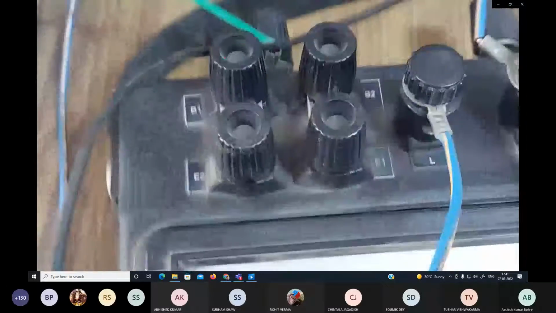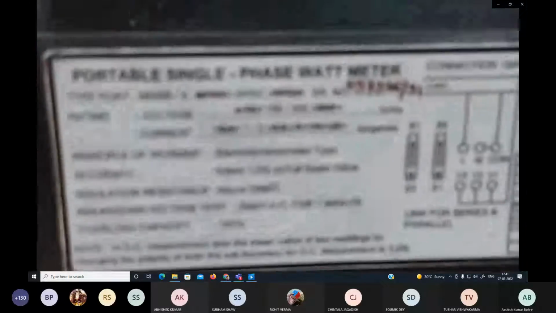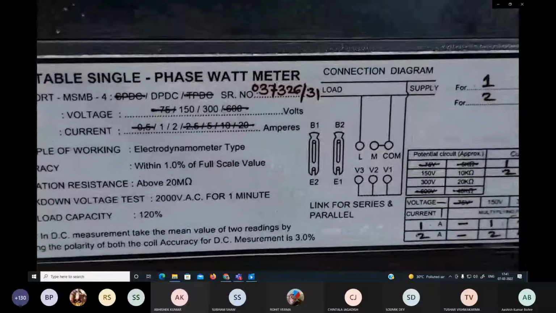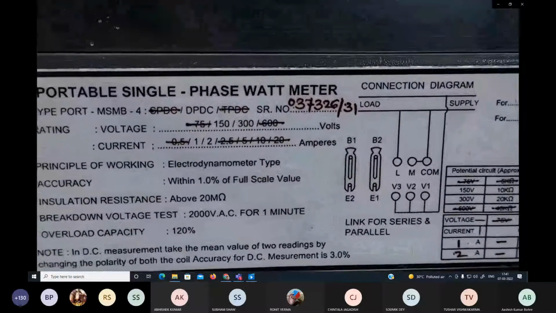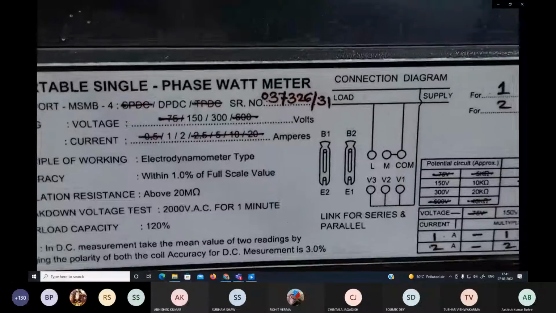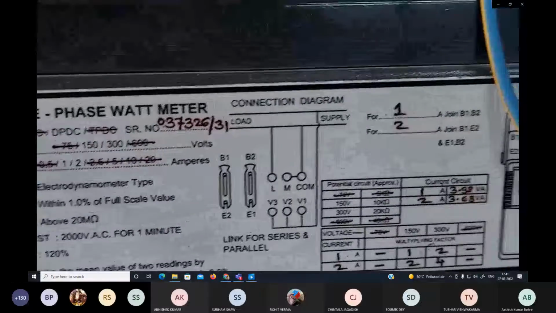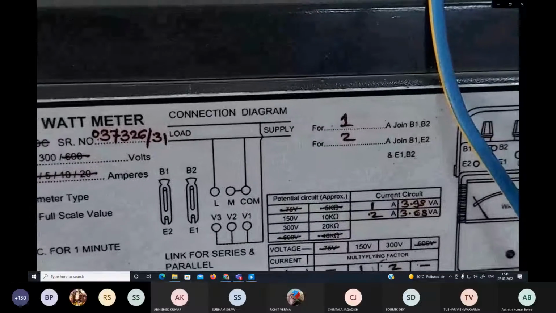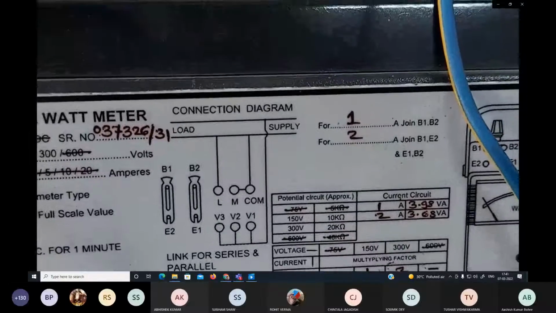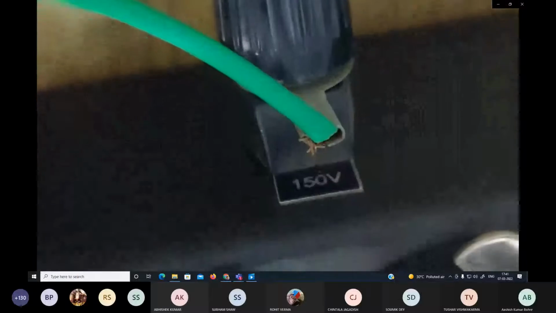Depending on the connection mentioned in the nameplate of the wattmeter, when B1, E2 and B2, E1 are shorted, it is for the 2 ampere range. Here we can see that. And we have already mentioned that the wattmeter voltage rating is connected to the 150 range.